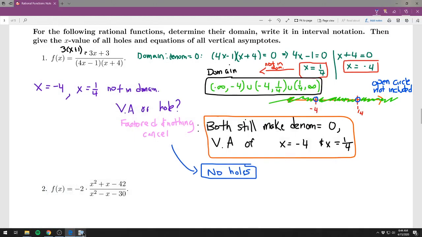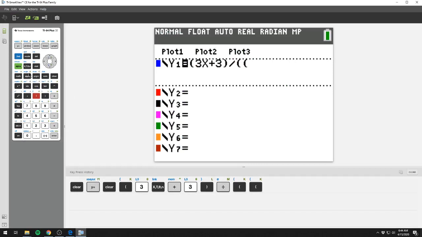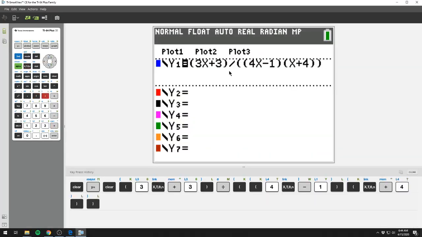The denominator 4x minus 1, and x plus 4, I believe, yes, x plus 4. Now you want to make sure you include these extra set of parentheses, because if you don't, then it's going to read it as the 4x minus 1's in the denominator, but the x plus 4 is in the numerator. So make sure you include the extra set of parentheses around the whole thing.